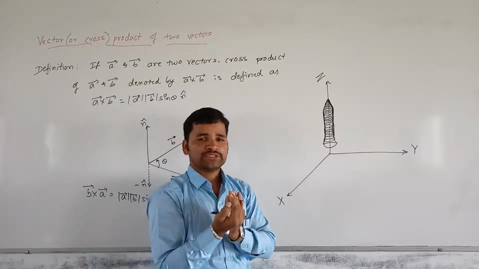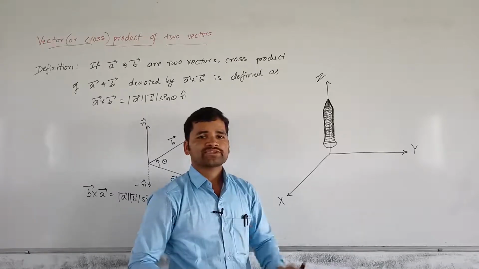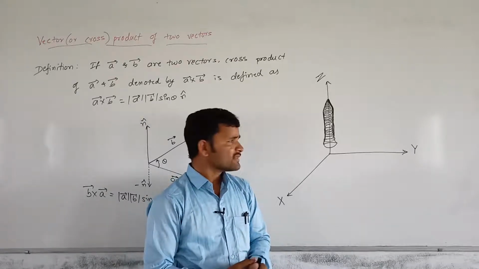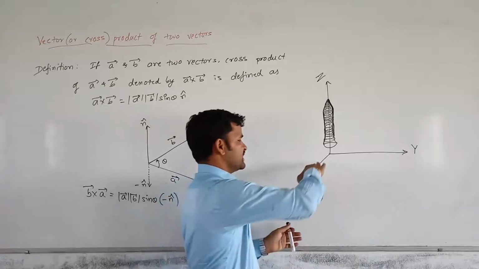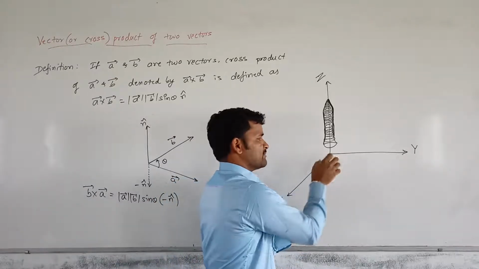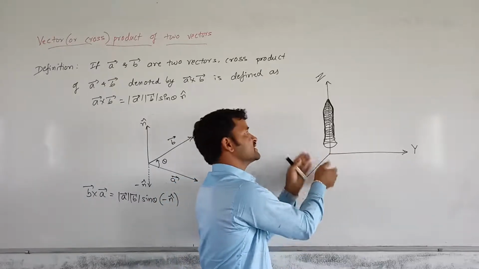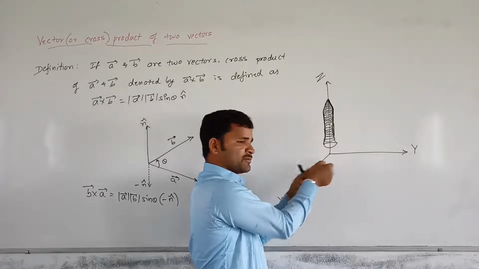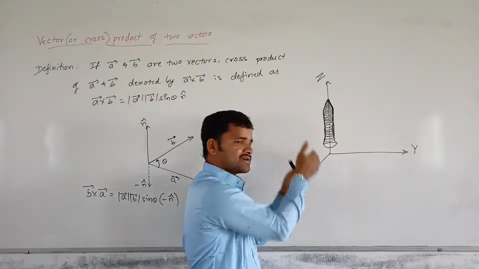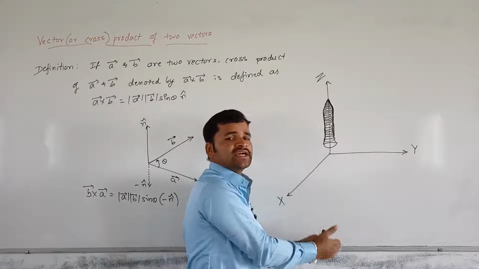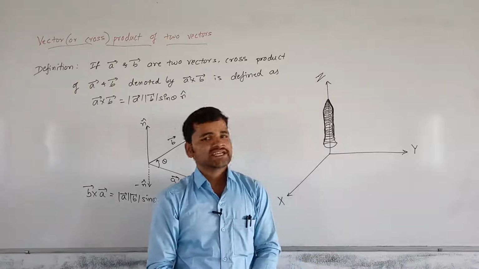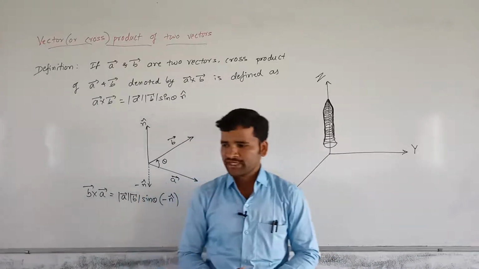That is the concept of cross product of two vectors here. In the same way, in the xy plane, if the screwdriver is working like this, it will be moving up. If you rotate it back, it comes down. That means it comes in the direction of minus n cap. That is one kind of example.